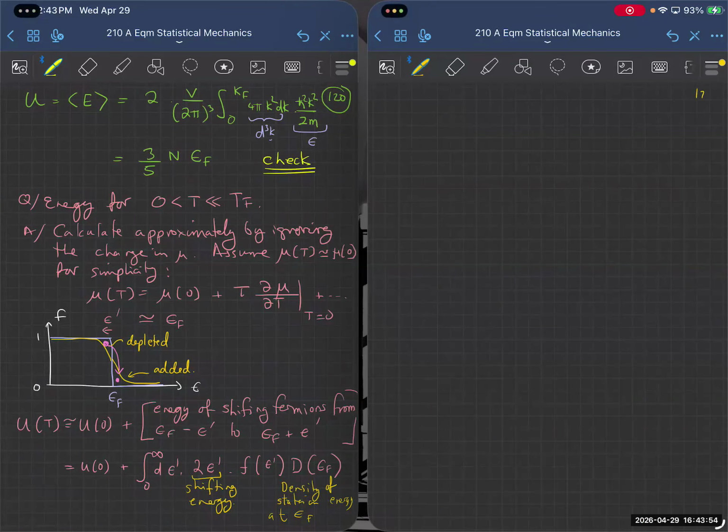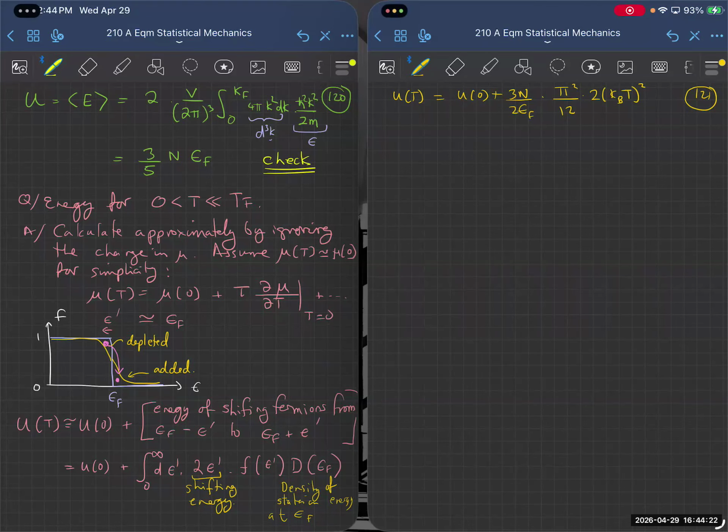So you do the integral, and what you get is that u of t is equal to u of 0 plus the density of states. I'll write it down for you in a minute. It turns out to be this, and then we have a number which is pi squared over 12, and then 2 times kB T squared.